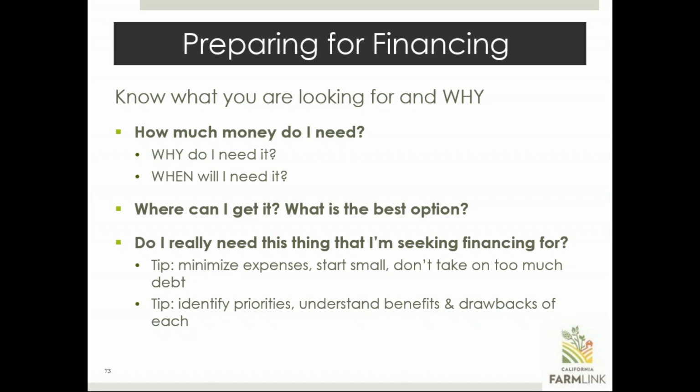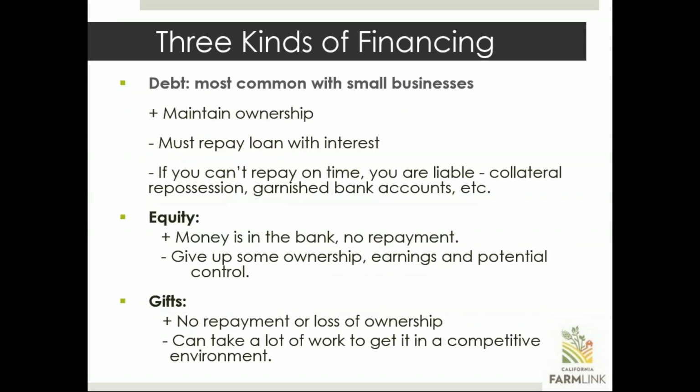So if you go to the next slide, Megan, three kinds of financing there. The first type is debt, and that's the most common for small businesses. You get to maintain complete ownership of the business, but you have to repay the loan with interest, of course.